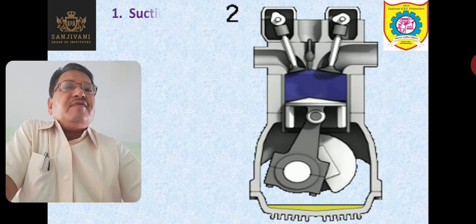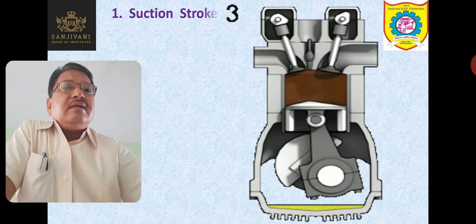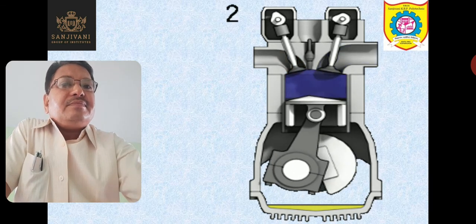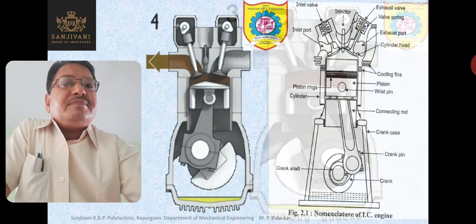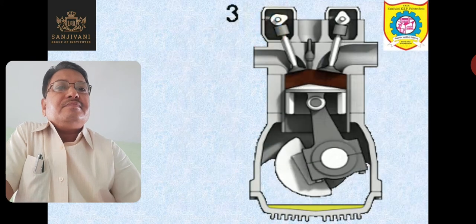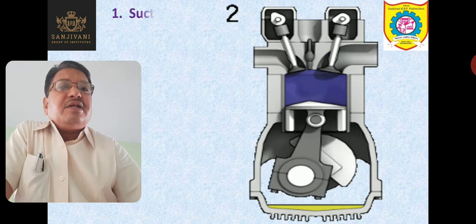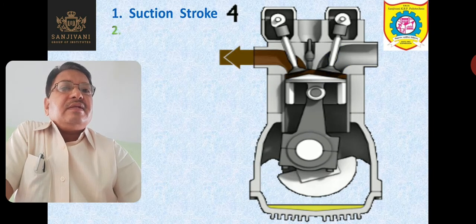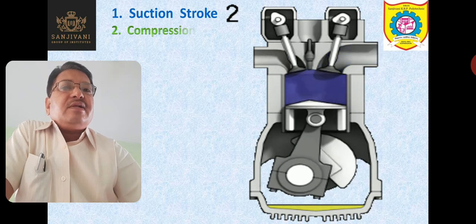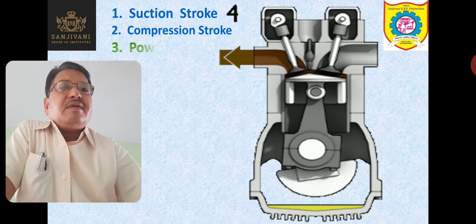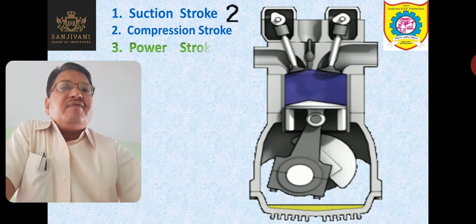So first of all, there is the suction stroke, then the compression stroke, then the power stroke, and then the exhaust stroke. So these are the 4 strokes.